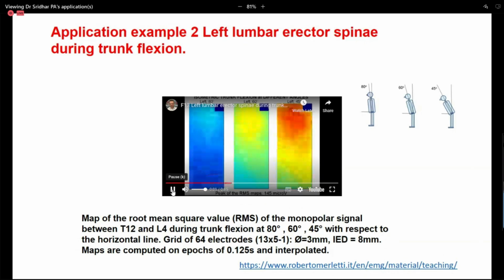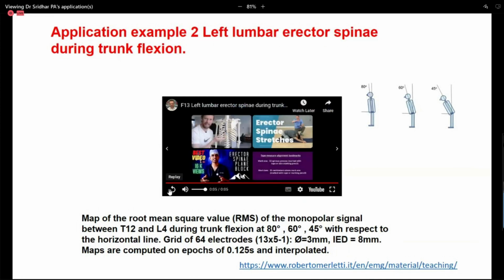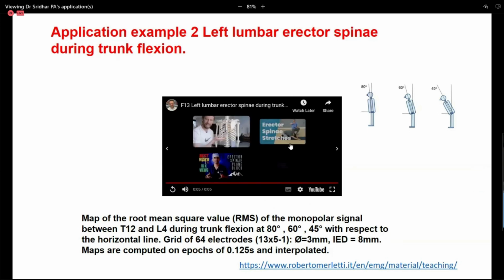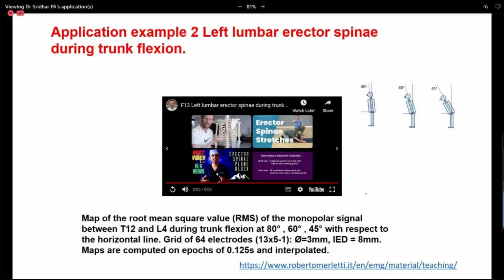If I'm stressing more, you can see how the muscle gets stressed at a particular point. This is the way we convince the clinician and analyze the data in a different aspect.